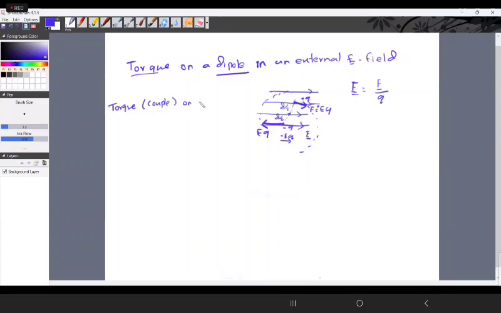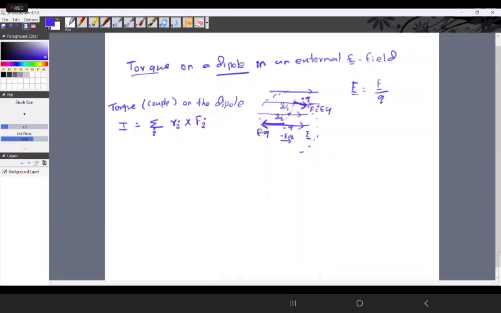The torque on the dipole is defined, the symbol tau is equal to the summation over i of r_i cross F_i. Now we are considering one dipole. If we have one dipole, we can just write tau is equal to r cross F, the cross product.